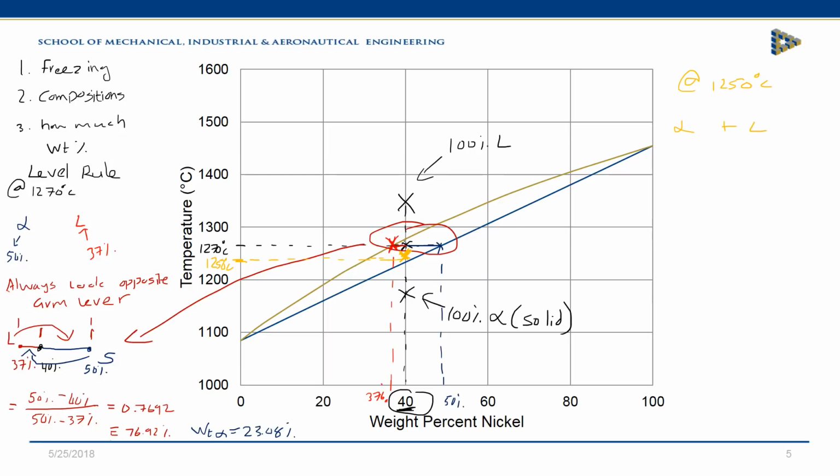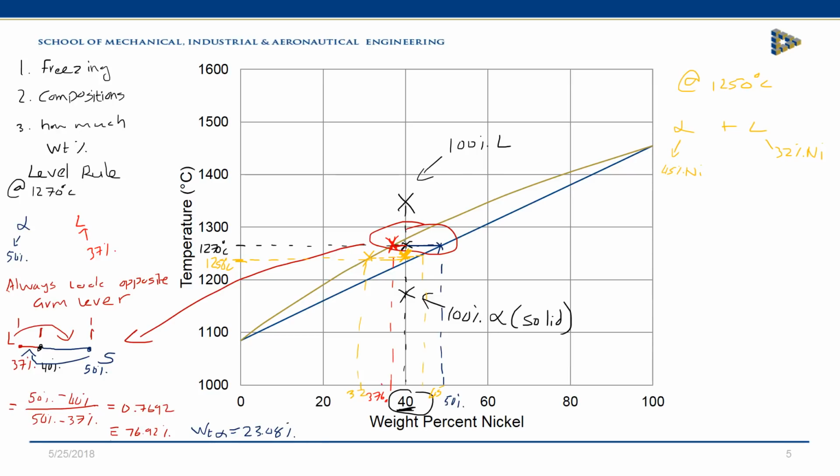I'm going to extrapolate again, and, with a very skew line, my liquid is about 32% nickel and my solid is about 45. So there's 45, 32.